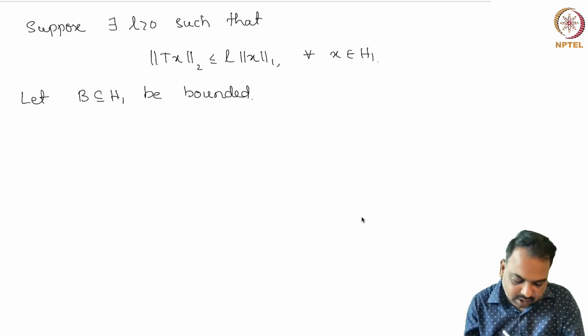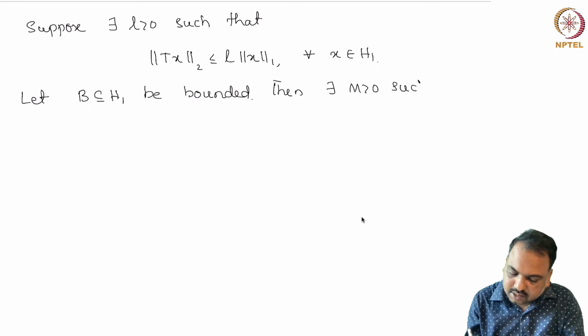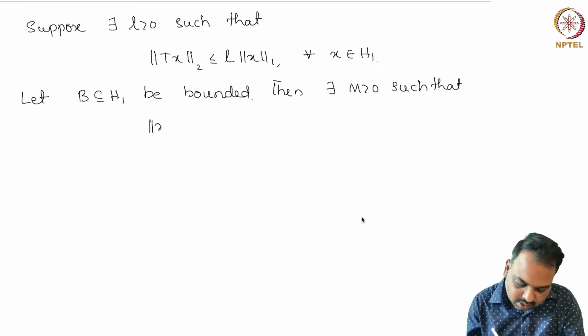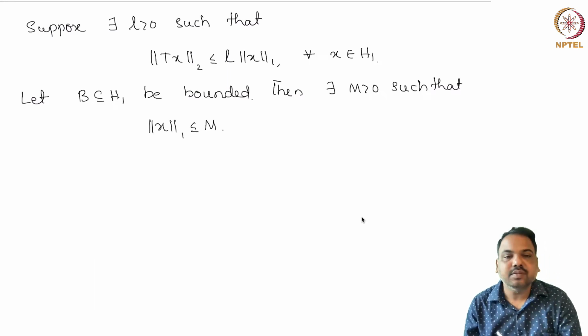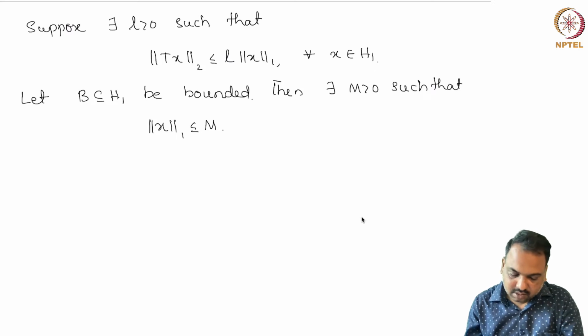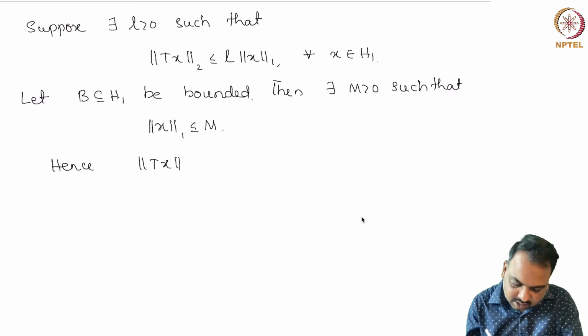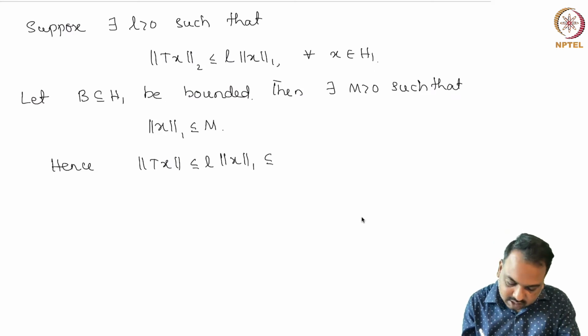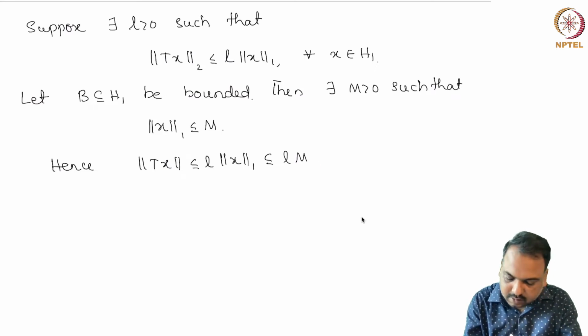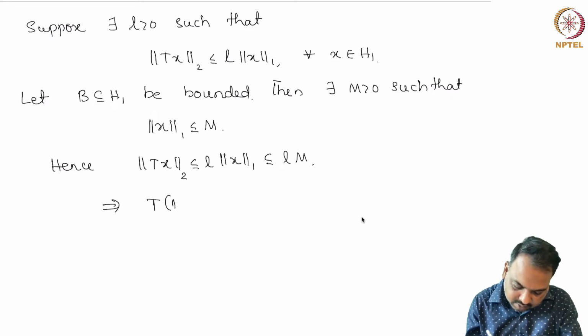Because B is bounded, there exists M such that norm of x is less than or equal to M. Now if you look at the image of x under T, by the above condition norm Tx is less than or equal to L times norm of x, but we know that this is less than or equal to M times L. So this implies that T of B is bounded.